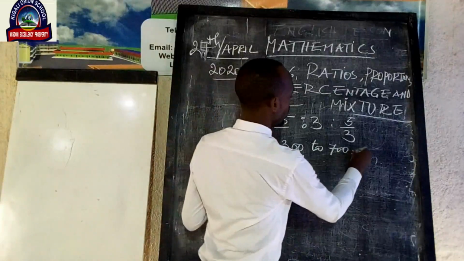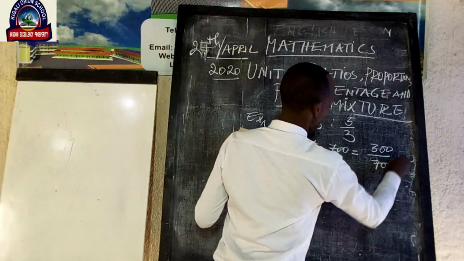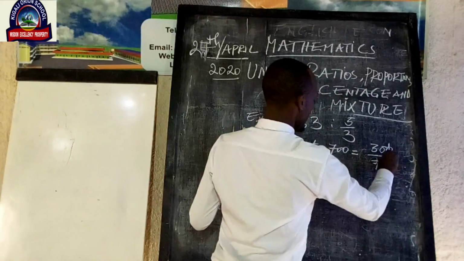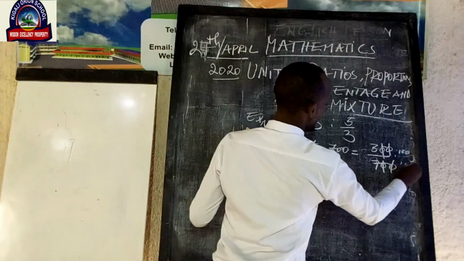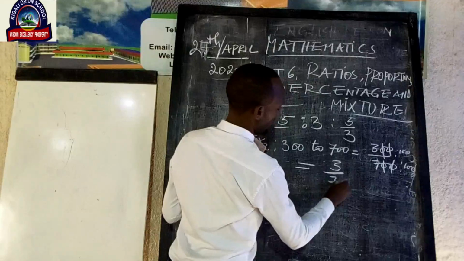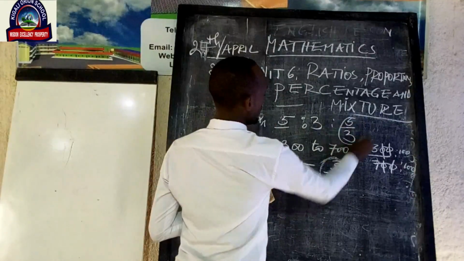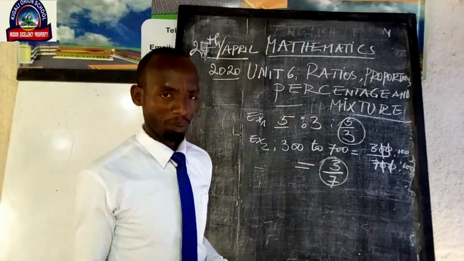So this is equal to 300 over 700. I simplify them by 100, then down by 100. The answer I get is 3 over 7. That is how we can represent a ratio in fraction form.